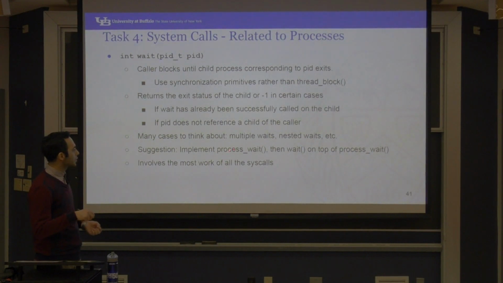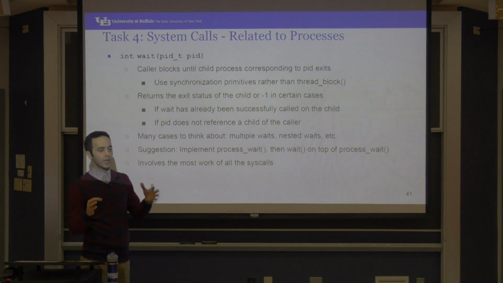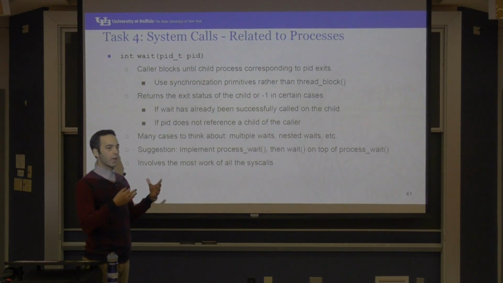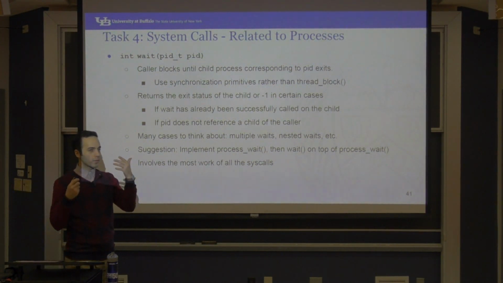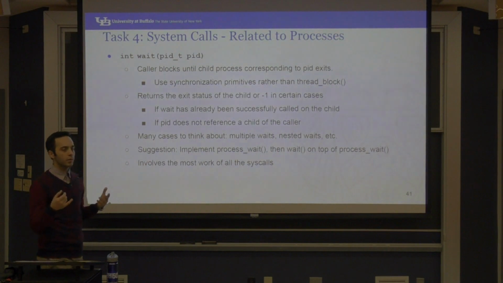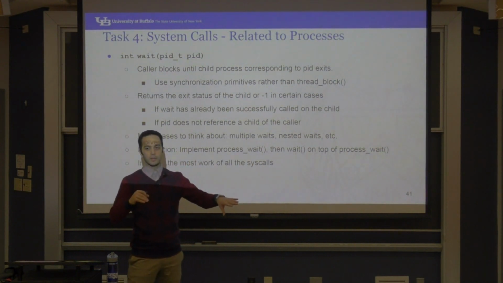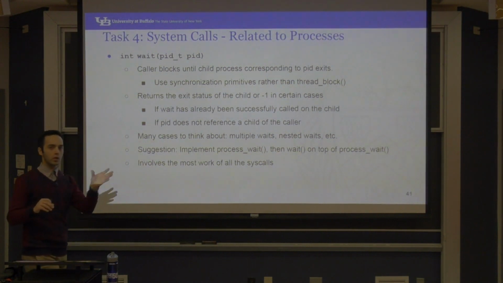And once you implement the process wait, then you can actually start the system call wait on top of process wait, because the process wait is the way, for example, that is already there, where the operating system, the kernel, is waiting on the initial process. So you can basically implement it using that. So once you can implement in the kernel waiting on a process and blocking this thread, then this can also be used in your syscall.